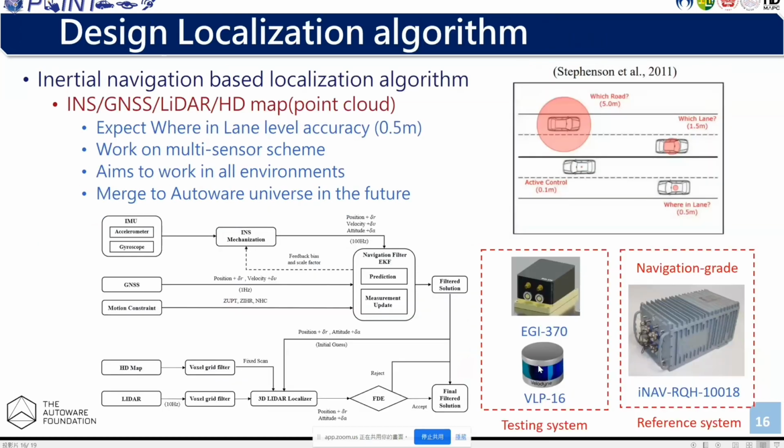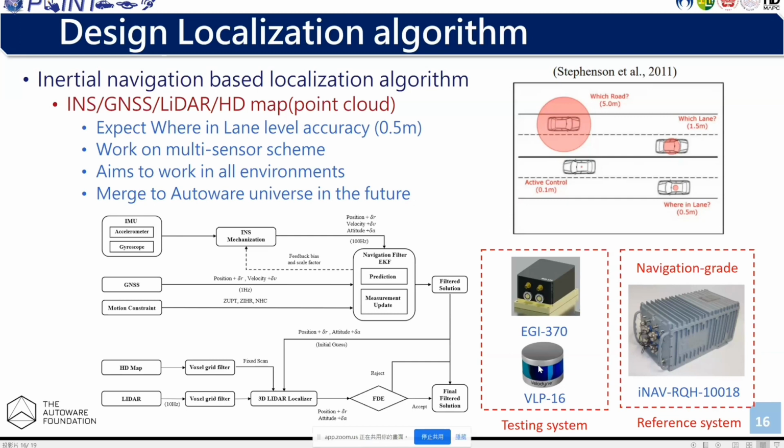And next, we have also focused on the localization algorithms. We have developed it based on inertial navigation, and this is some of the architecture here. We are trying to get lane-level accuracy, about 0.5 meters.